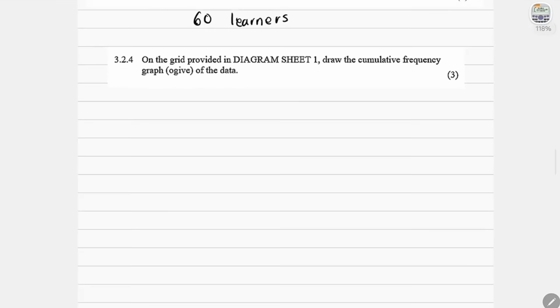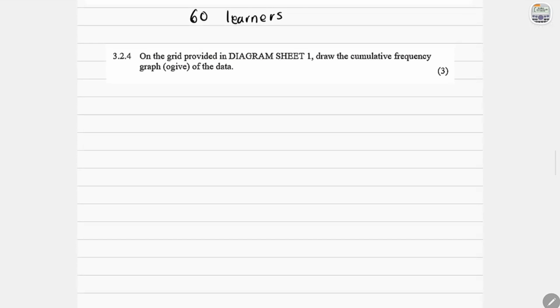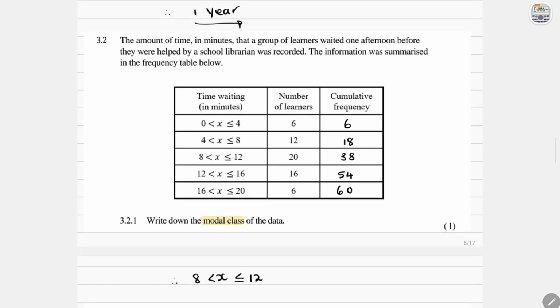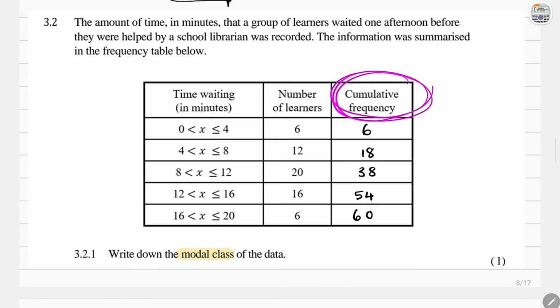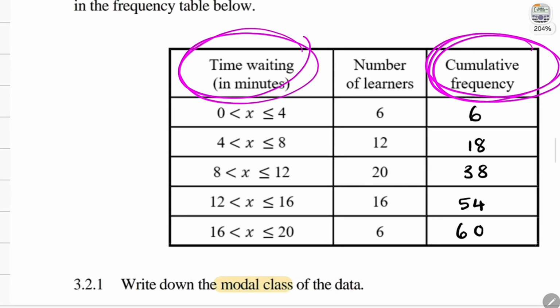Question 3.2.4 says, on the grid provided in diagram sheet 1, draw the cumulative frequency graph, which is the ogive of the data. So we're just going to have to draw this. Remember, it is a cumulative frequency graph, so we are going to use the cumulative frequency column, and we are still using the time. There's something we need to note here.